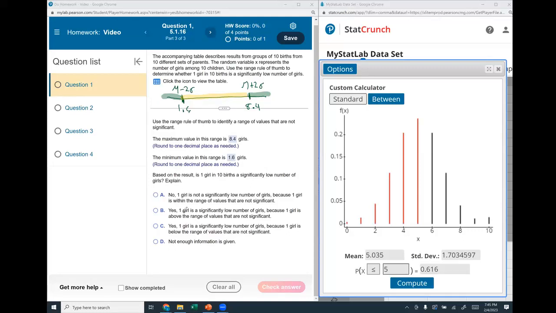So what I would do is say, so let's look at yes on B. One girl is a significantly low number of girls because one girl is above the range of values that are not significant. So that would mean they're in the yellow, but that's not helpful.